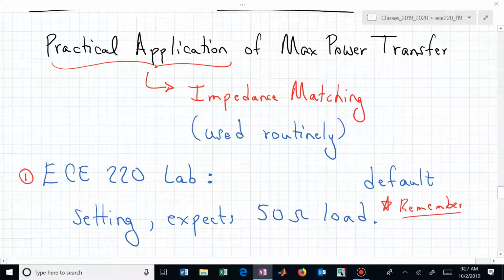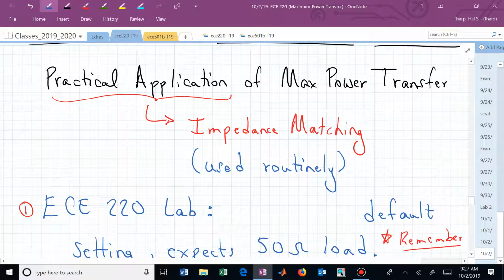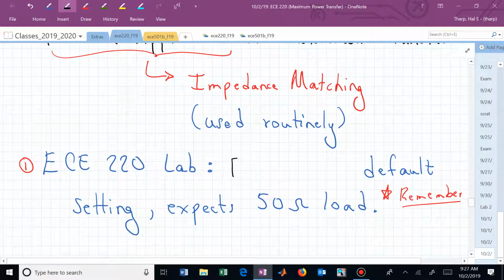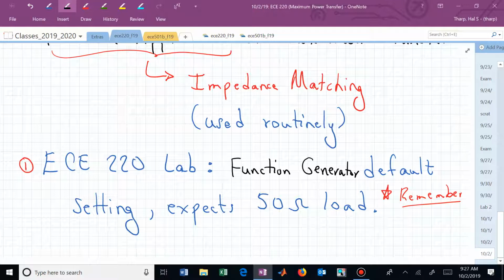Correction, your function generator, what you are creating these signals with, it's expecting to see a 50 ohm load when you turn it on.